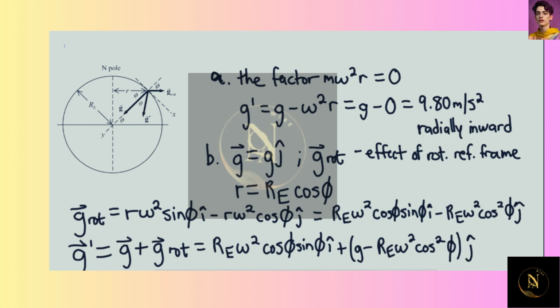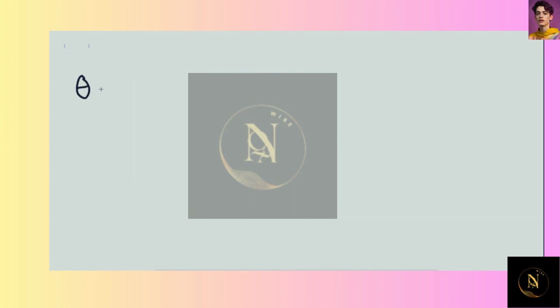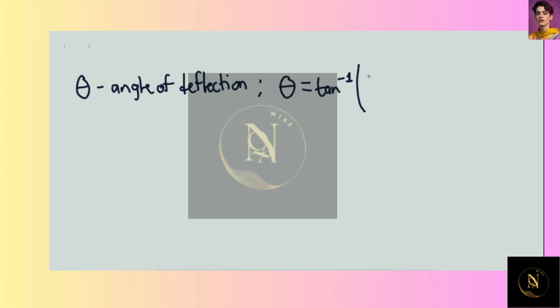And so here we know that for part B, theta, the angle of deflection, can be found from the components of g prime. So theta would equal arctan of g prime sub x divided by g prime sub y.